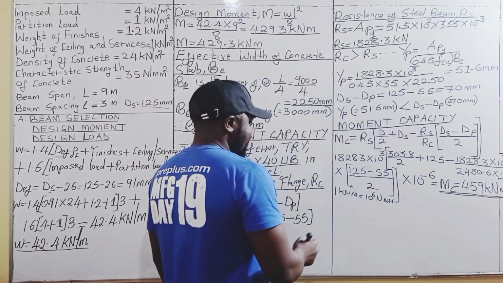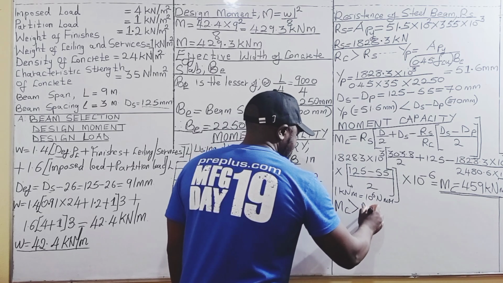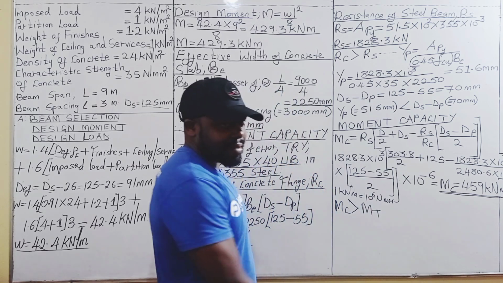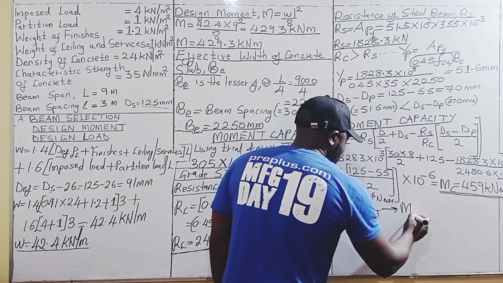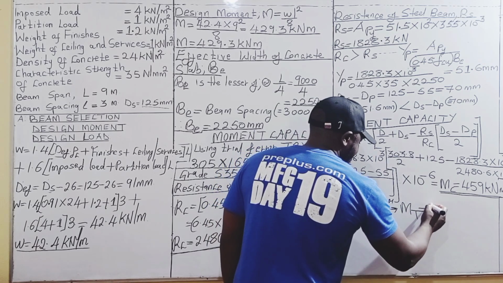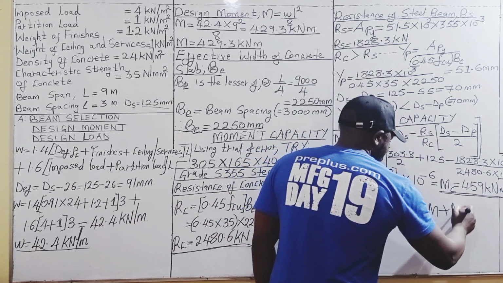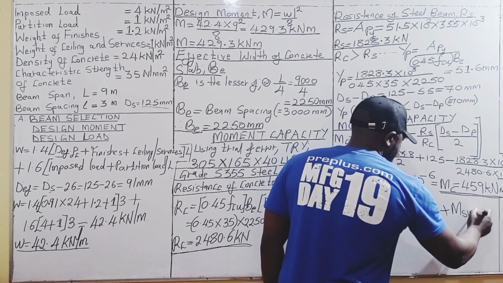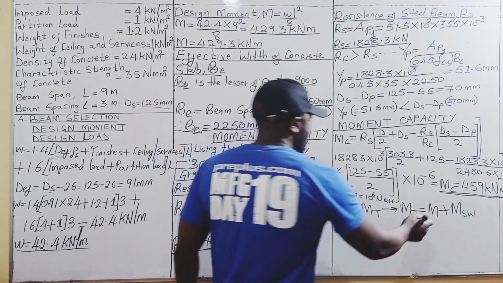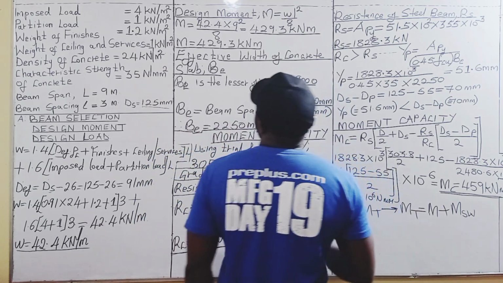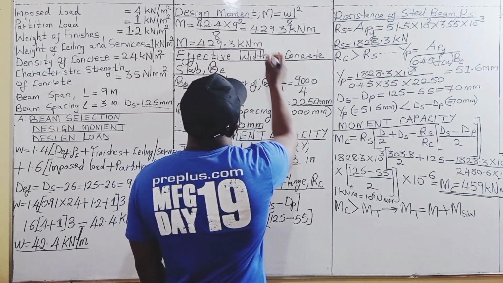Now, this moment capacity should be greater than the total moment. And in this case, the total moment is given by the design moment plus moment due to self-weight of the UB section. The design moment, we got it here, 429.3 kilonewton meter.